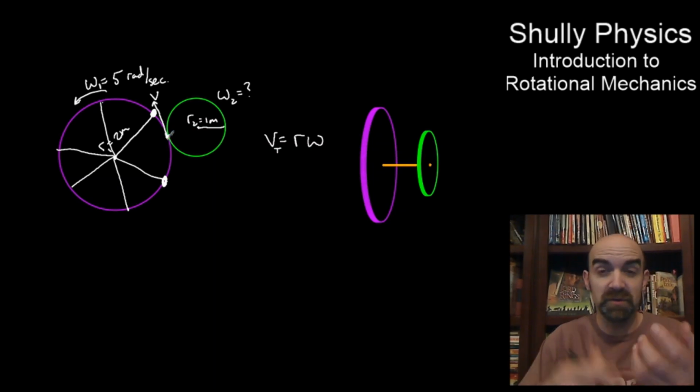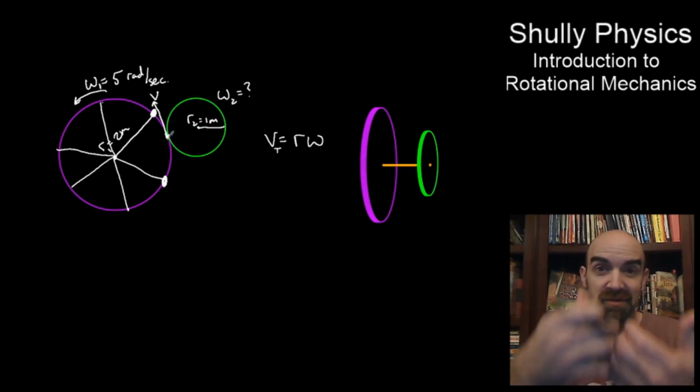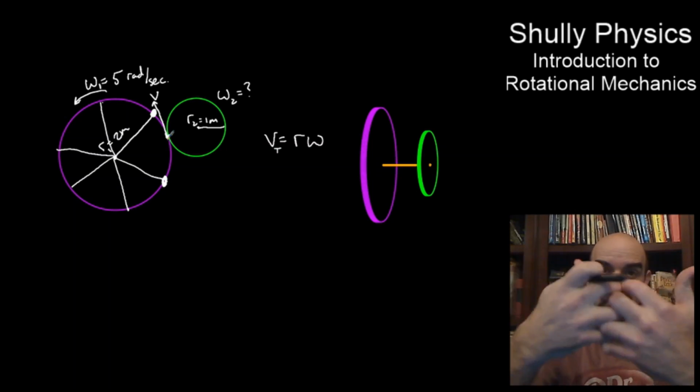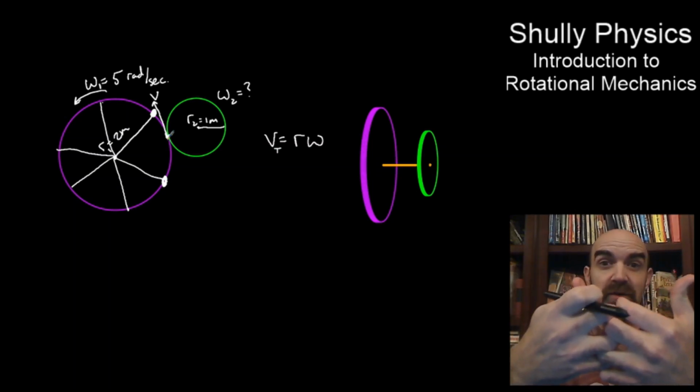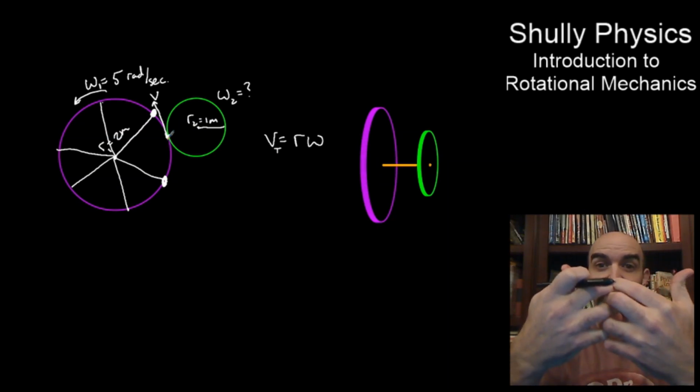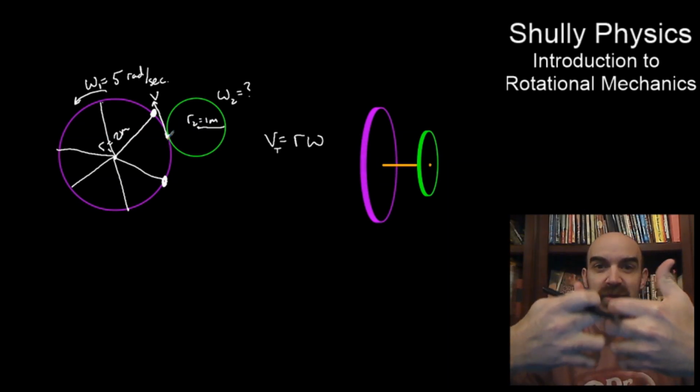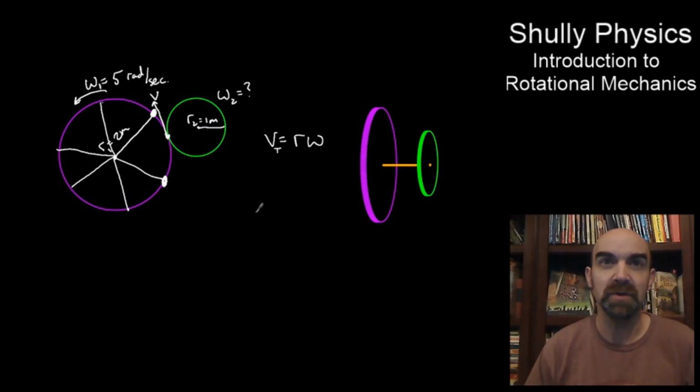So as long as there's no slipping, then they're exactly clinched together. They're not sliding up or down. The edge of wheel number 1 is moving at the same exact speed as the edge of wheel number 2. So they both have the same exact velocity. I'll make a note of that. Same tangential velocity.